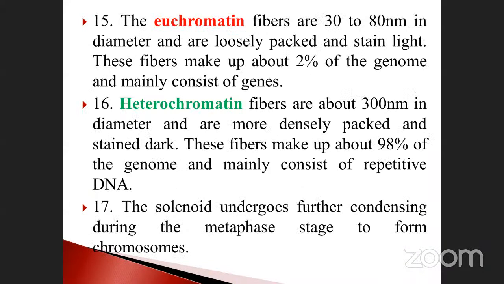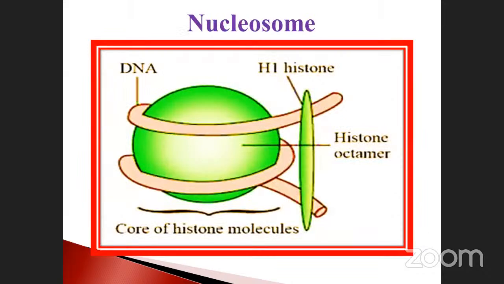Okay. So heterochromatin, already we studied these things. This metaphase stage forms a chromosome. The structure I already mentioned, isn't it? Loosely packed solenoid undergoes further condensation during the metaphase stage to form chromosomes. This is the structure of the nucleosome. It is octamer in nature.